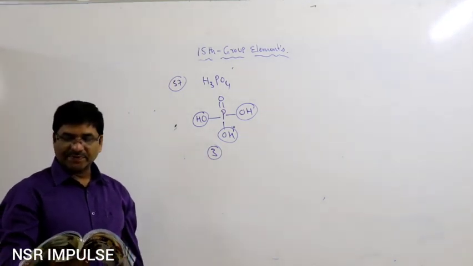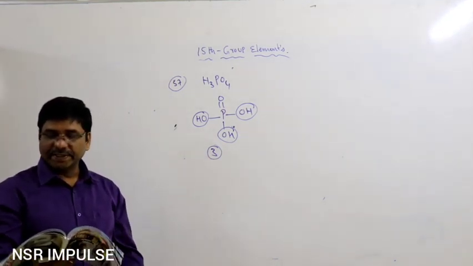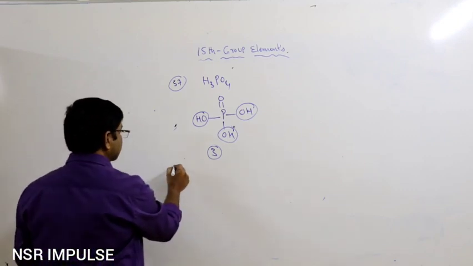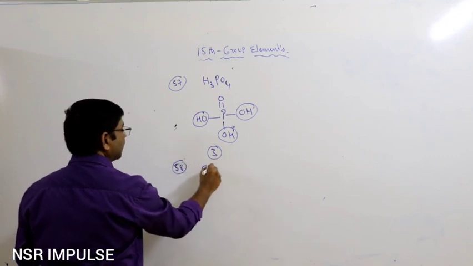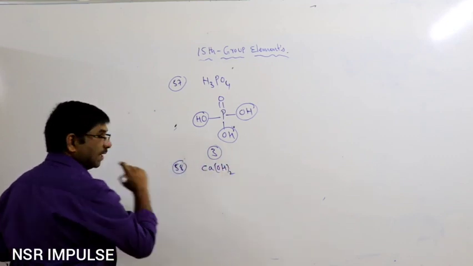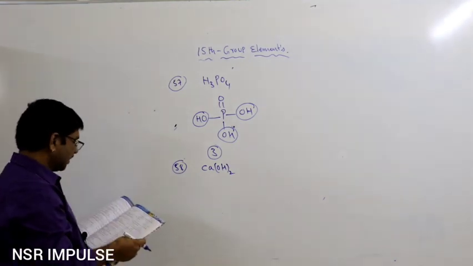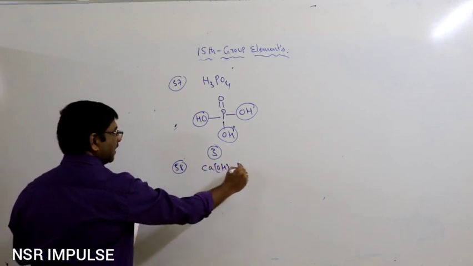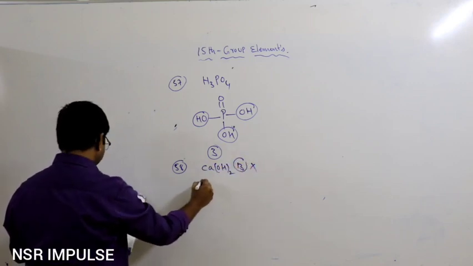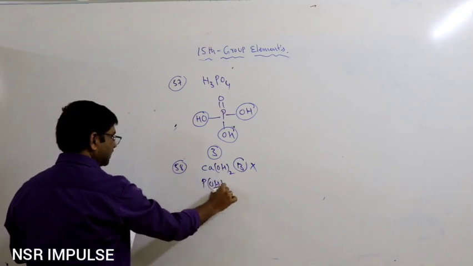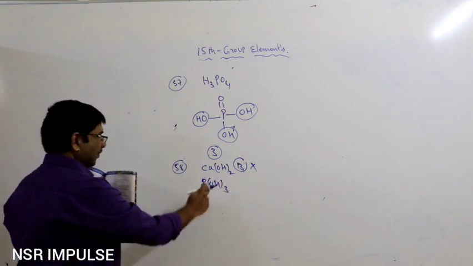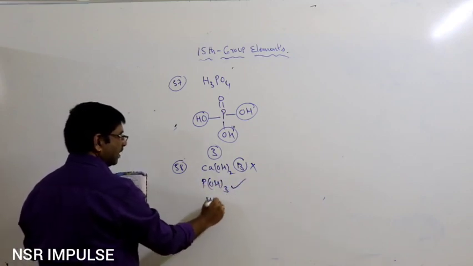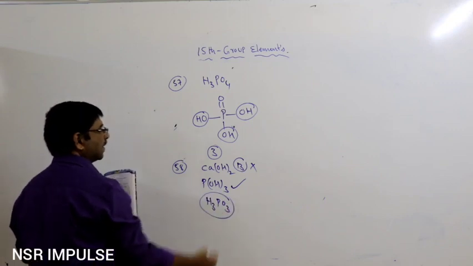Next question number 58. Which of the following is an acid? Given options: first option, calcium hydroxide. You know metal with OH, calcium hydroxide is a base. So wrong. Next one, P(OH) taken thrice. OH group with non-metal is acid, correct, because this is also called H3PO3, phosphorus acid.